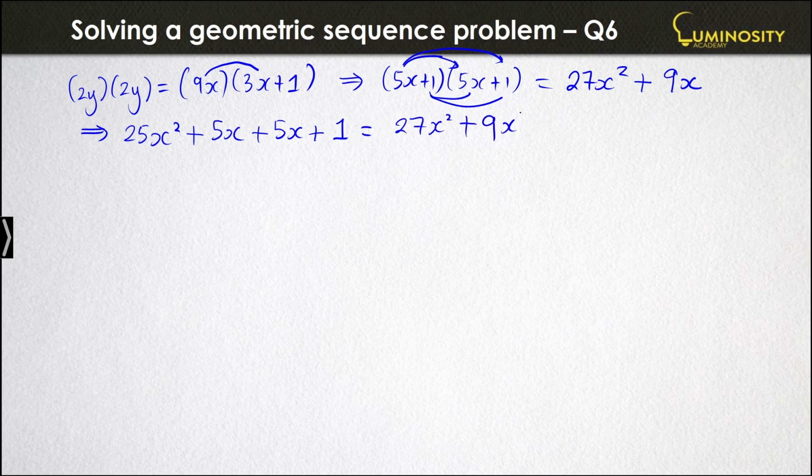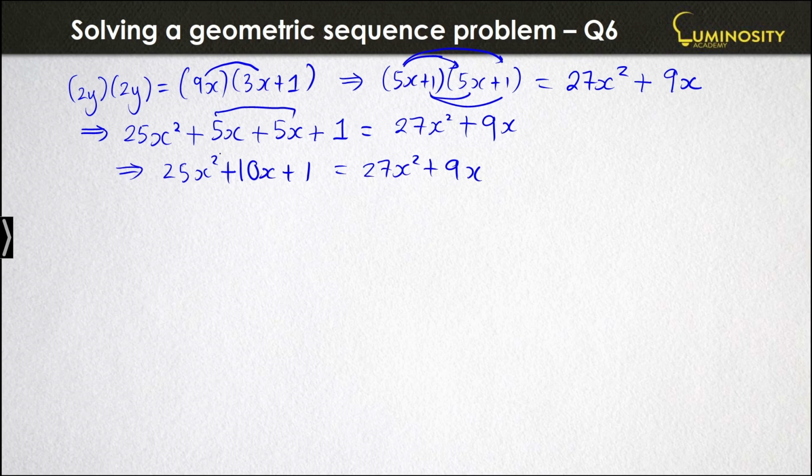All right. So now I need to get everything on one side. I think I'm going to bring all the terms on the left over. But before I do that, let's clean up. These are common terms here. 5x plus 5x is 10x, plus 1 and 25x squared, equal to 27x squared plus 9x.